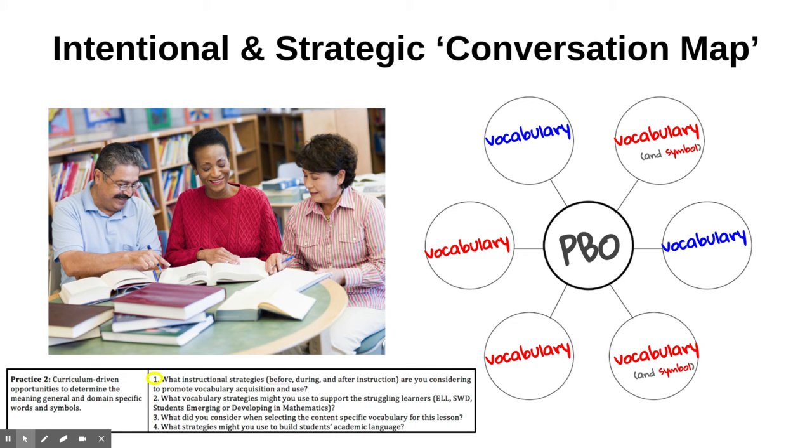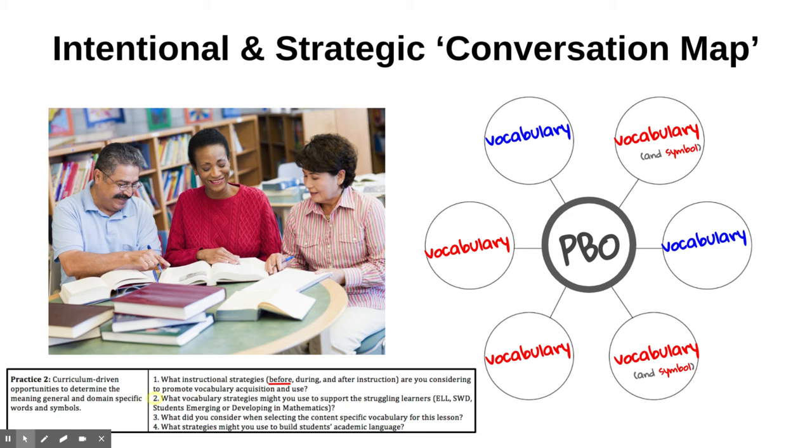And so as I look at that first question before, we also have to consider during, right? We have to consider after we've given instruction. We have to consider what we have maybe already taught, what were some prerequisites, right?